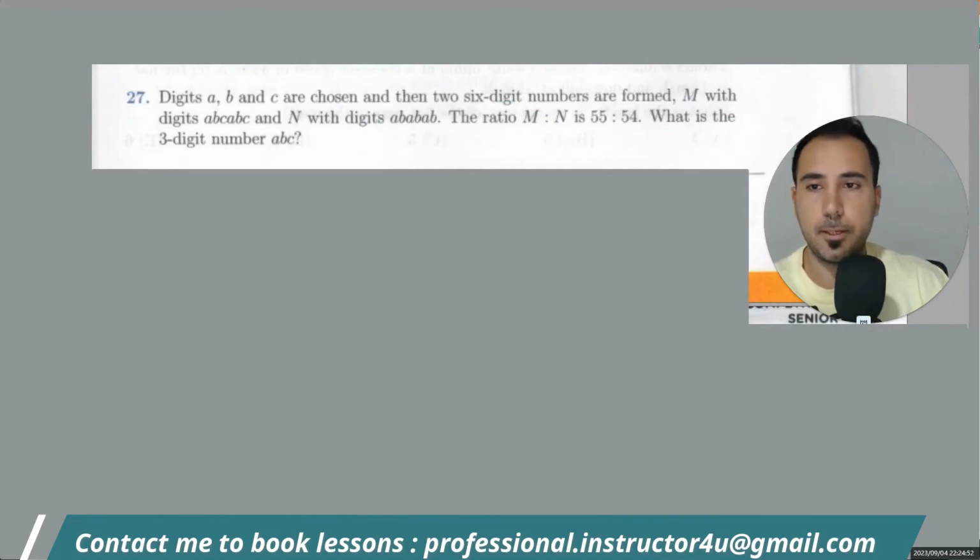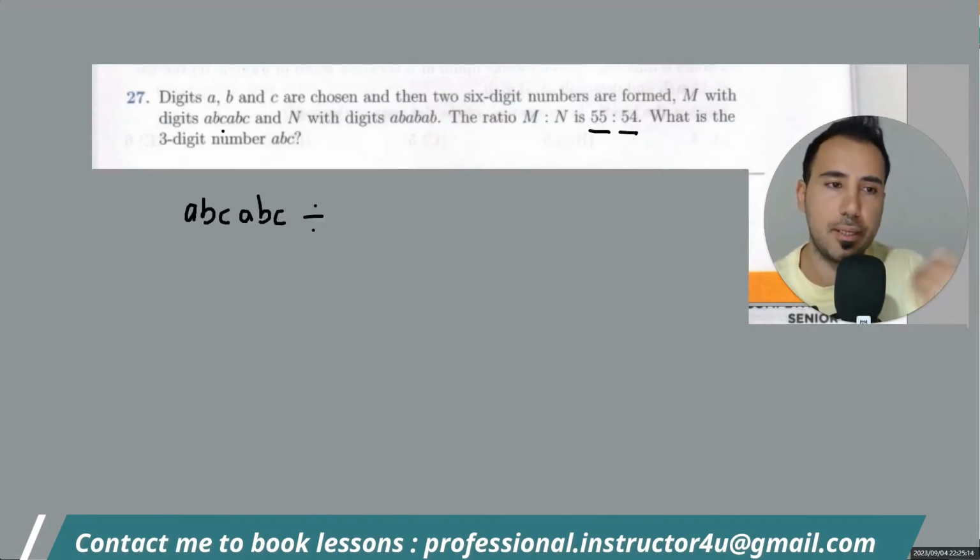Now, we know that whatever these numbers are, for example, this one, ABCABC, we divide it by a number, and they have been simplified into this, right? So they have been divided by a number X, and then this one has become 55.